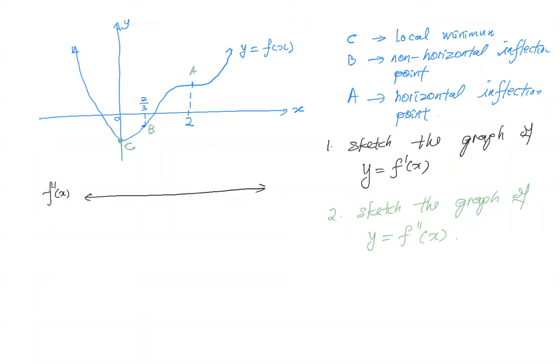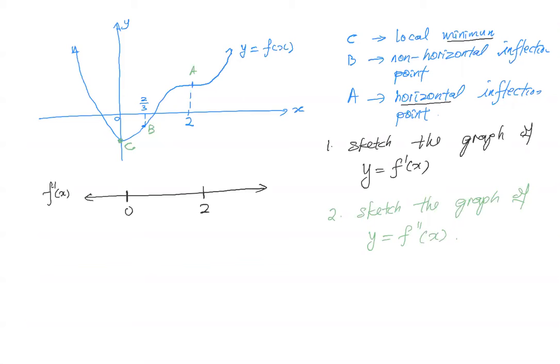So there are two important points you have to put down. That is 0 and 2. Why? Because of this word and this word.